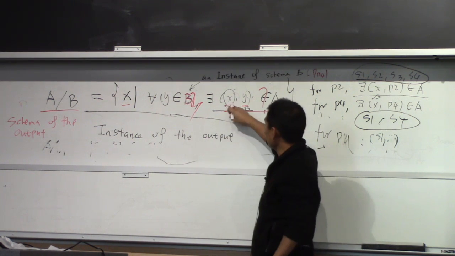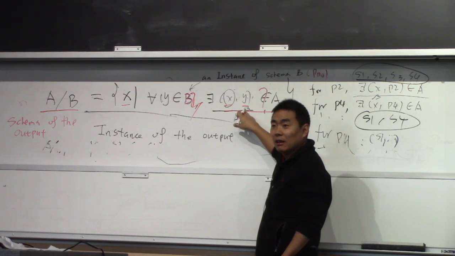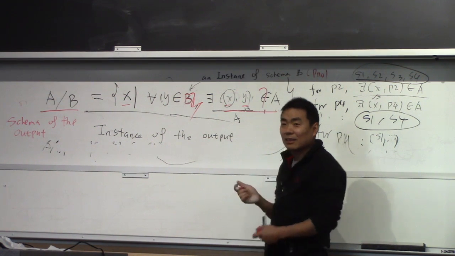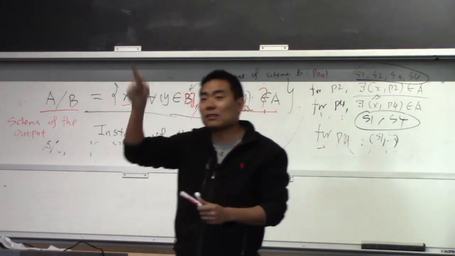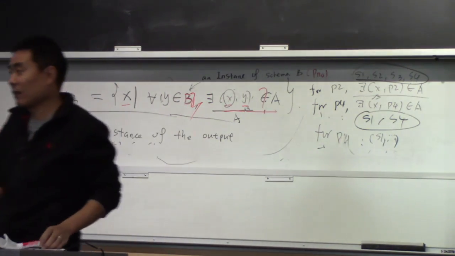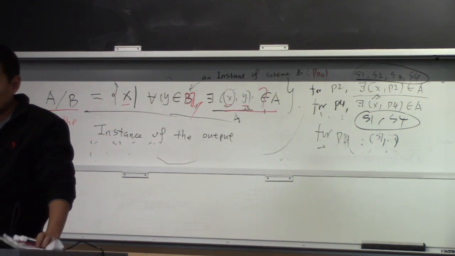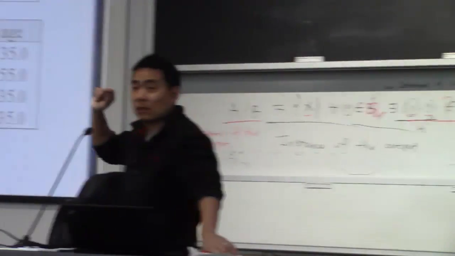There will never be such x, y belonging to A, because Y has attributes that are not even from A. For example, sailors divided by boats.